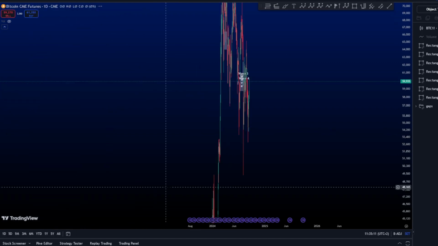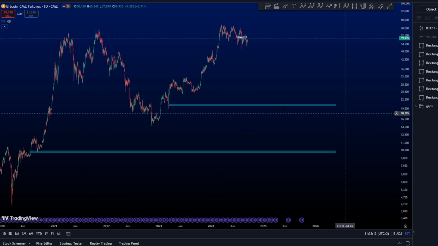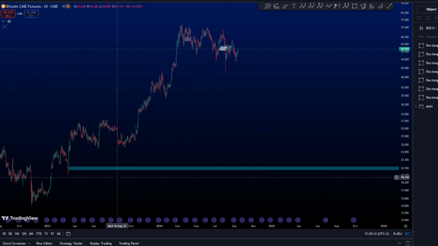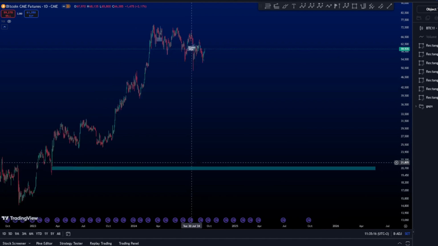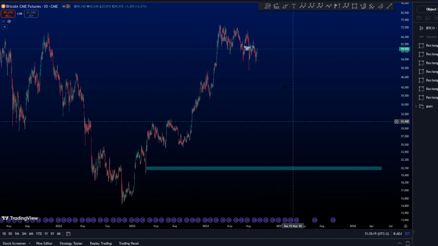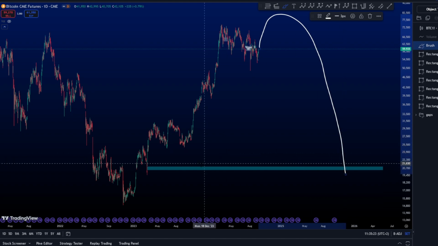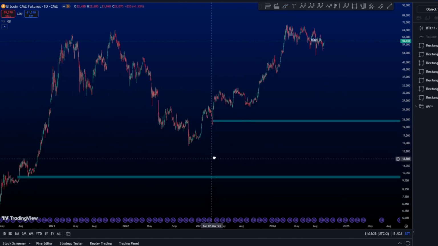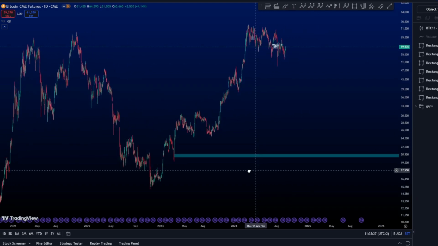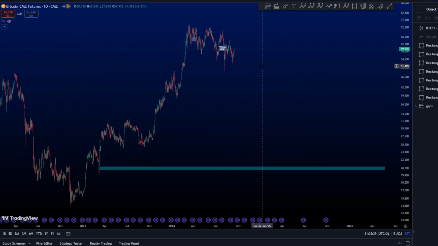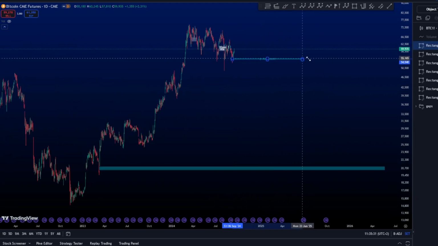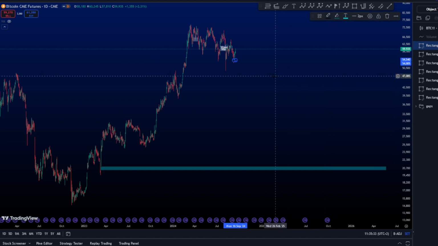Of course, I can show you some examples, somewhere exactly here. Okay, so I put this as a long gap. So what I'm expecting in the future is that it comes back, right? And here is another one. So possibly it could also be possible to leave this one open as well.